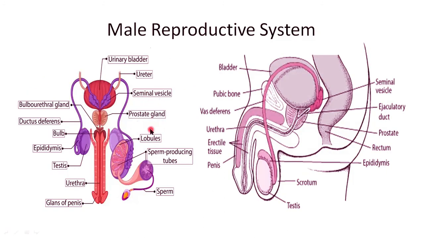I explain now the prostate gland, the function of the seminal vesicle, then the sperm producing tubes are here, then the bulbourethral Cowper's gland is here, and in this diagram also I explain everything: ejaculatory duct and the seminal vesicle, prostate gland also. So according to that function, here sperm is transferring towards the urethra.